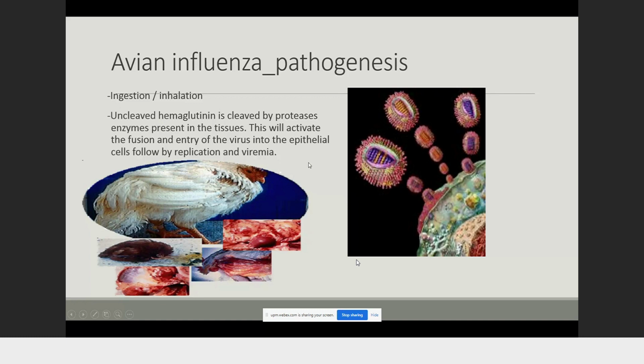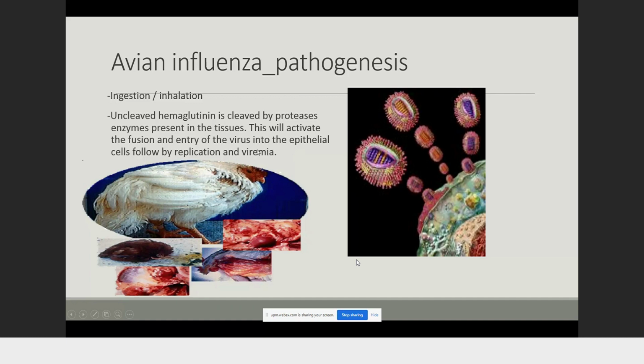How successful the entry and replication at the entry sites are basically depends on the presence of protease in the host tissue. If that site happens to have this protease, it will activate the fusion and entry of the H and N proteins into the epithelial cells, followed by replication and later leading to viremia.